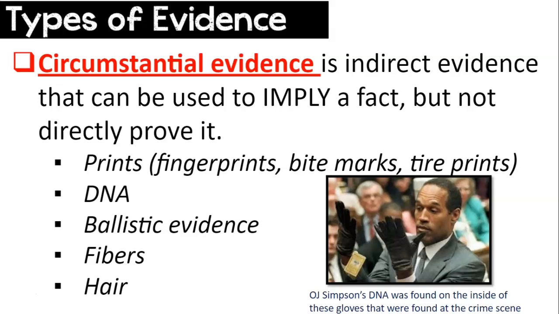But what this is saying is that if there was a murder in my classroom, I'm sure that my fingerprints and my DNA are all over this classroom just from me being here every day, but that doesn't necessarily prove that I was involved with anything. It's implied that I probably did something because my fingerprints and DNA are everywhere, but it cannot be directly proven.